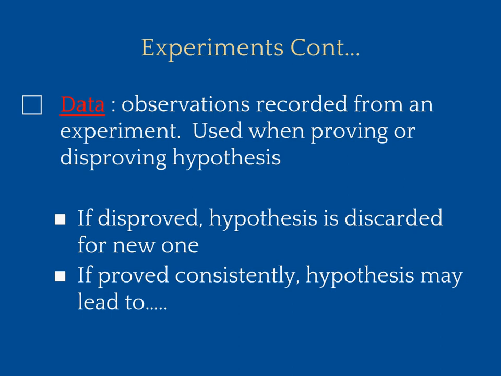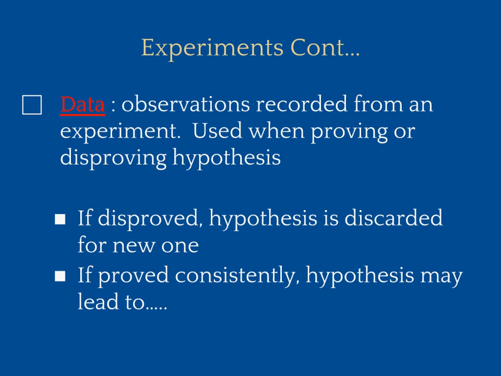Again, this just goes with the experiment part of our scientific method. The data could have been qualitative, it could have been quantitative. That data could be our independent variable, our dependent variable, or the data from the control. All this is part of the experiment.